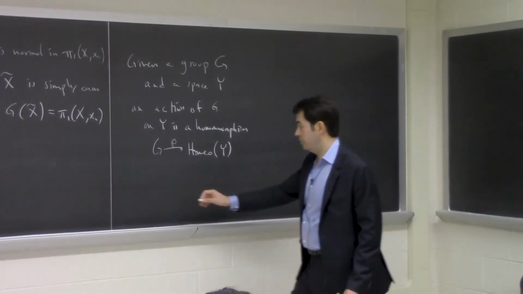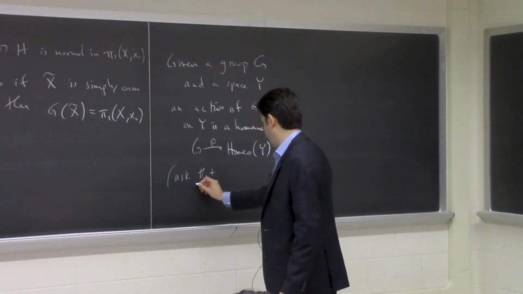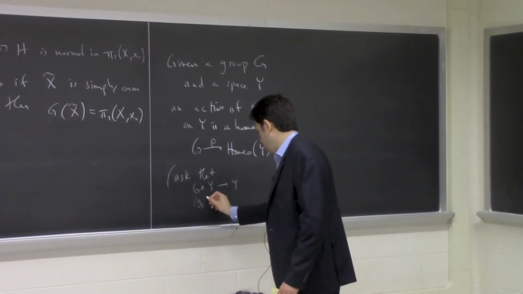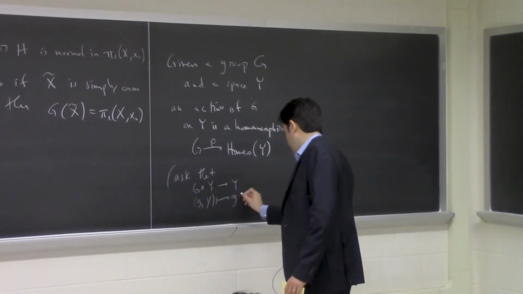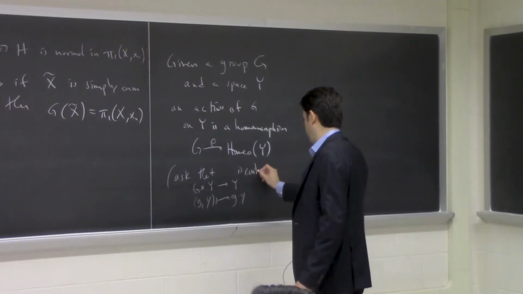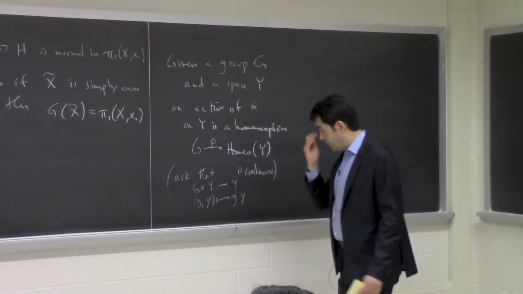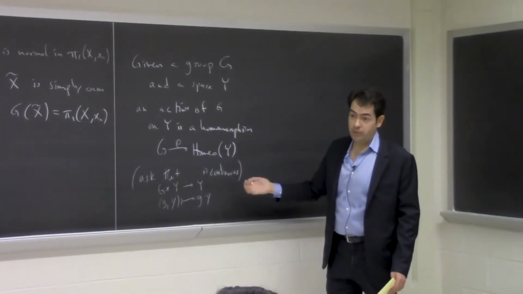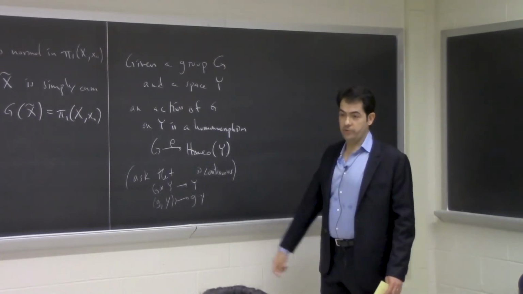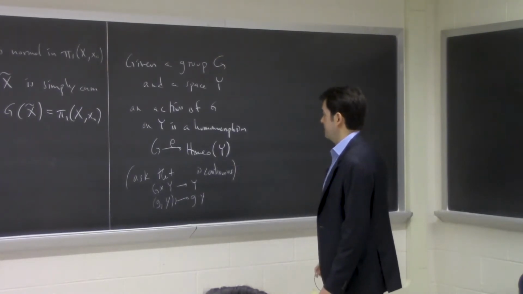If we wanted to include some topology on it, you could ask that the map, where you take an element of the group, an element of the space, and then look at the action, is continuous. Right, but if we're not putting a topology on the group, or equivalently, if we're thinking of the group with the discrete topology, then there's nothing to check. Right, just that you get a homeomorphism on Y.